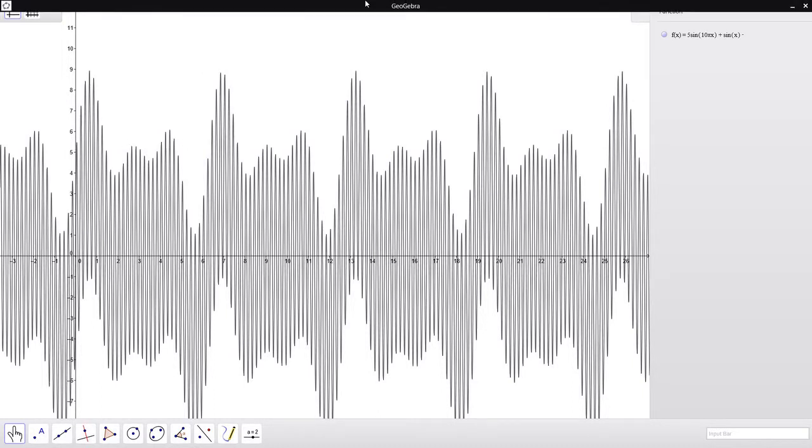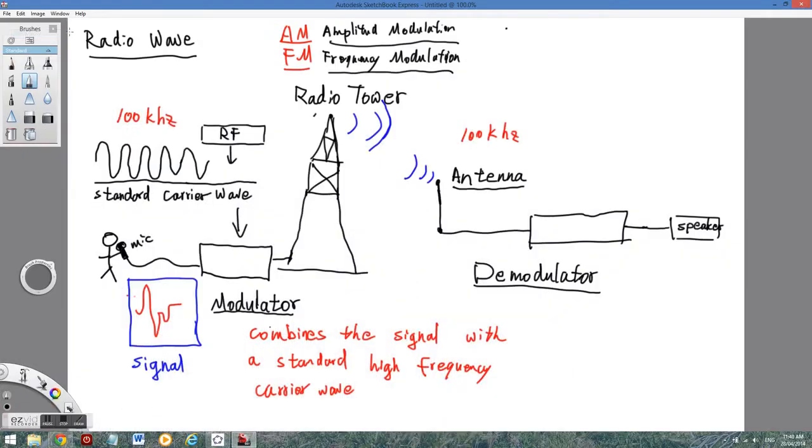Every time you listen to those AM channels, say channel 101.1, that's basically 101.1 kilohertz. That means this channel is broadcasting on 101.1 kilohertz.